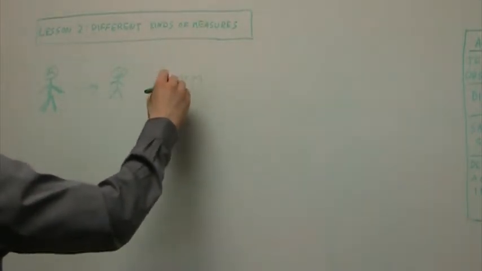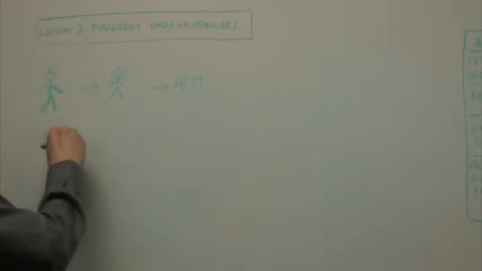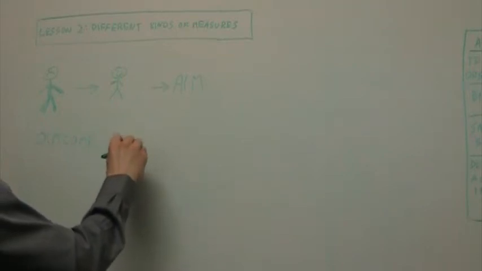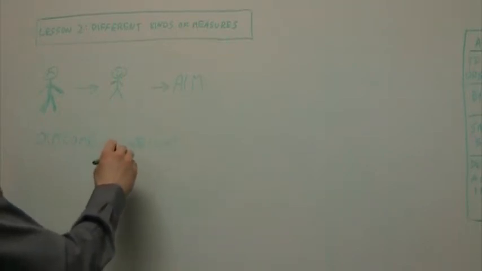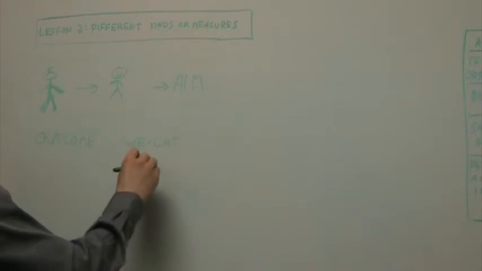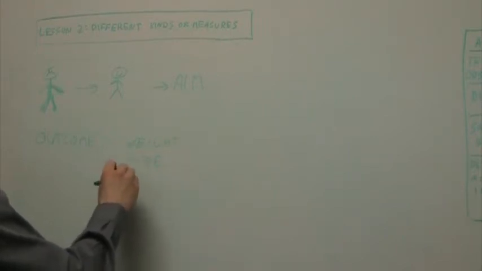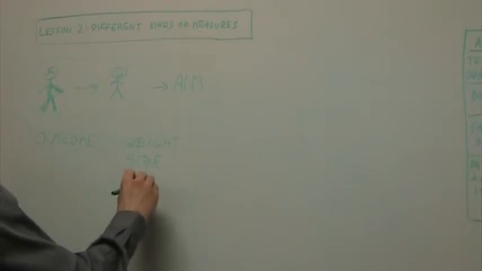So this is Joe's aim. His outcome measures would include things like his weight, his dimensions, so his size, and his perceived energy levels.